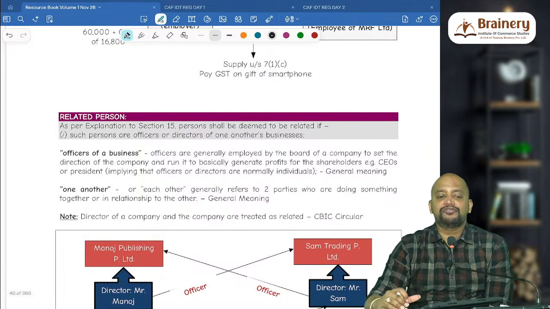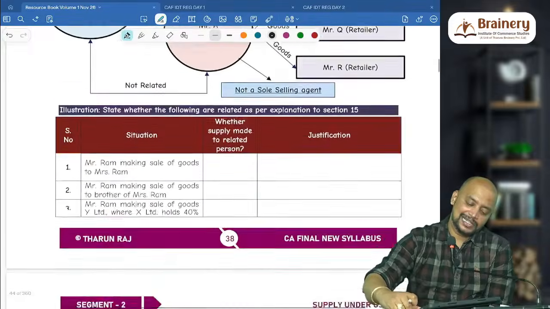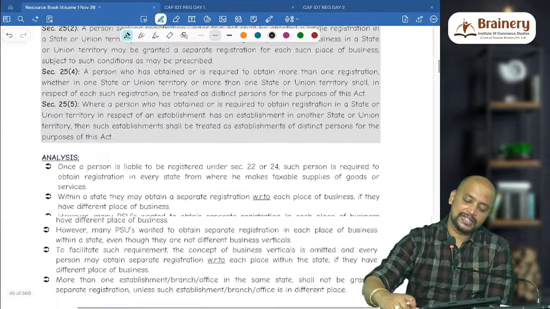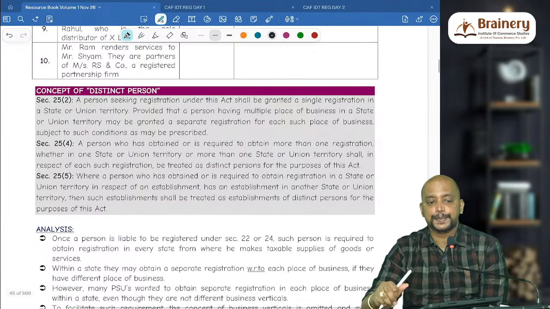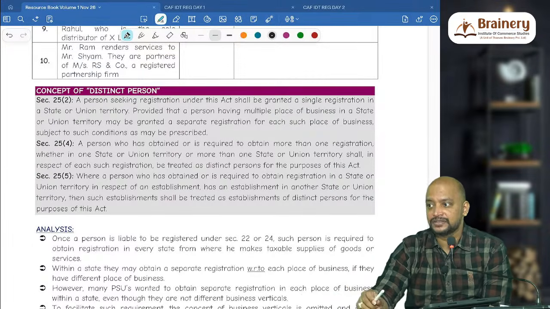Page number 34, related definition, and then distinct persons is in page number 39. Just if you turn the pages you will find the definition.